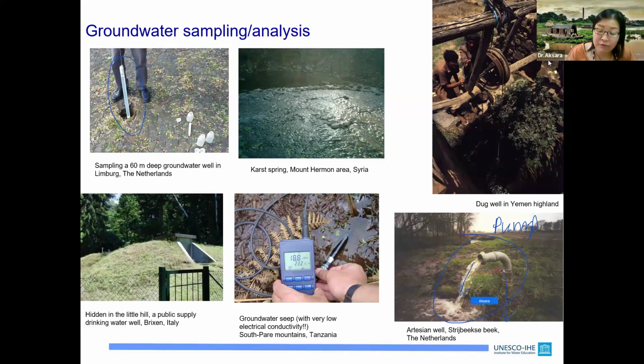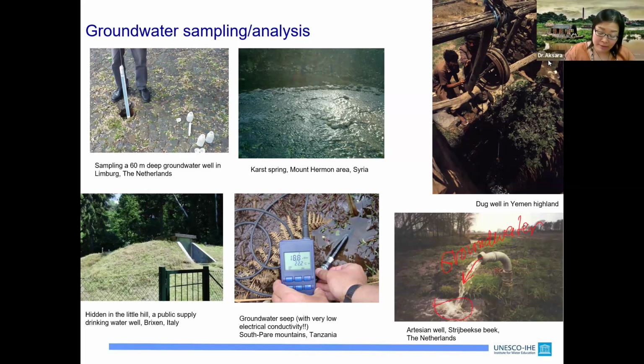So you have groundwater flowing out like this, and once it flows out to the surface, you just start collecting the water. This water flowing out is groundwater, because you pump the water from underground, and you take samples from this water.